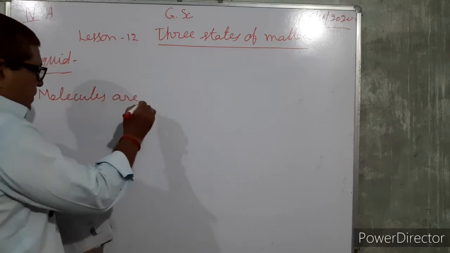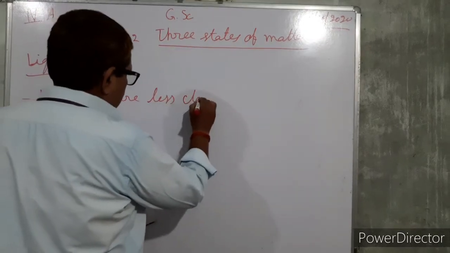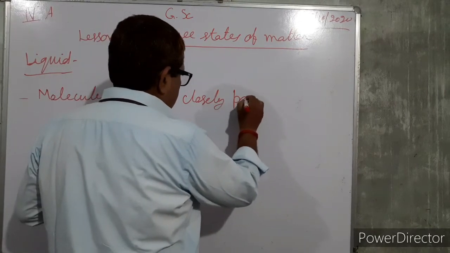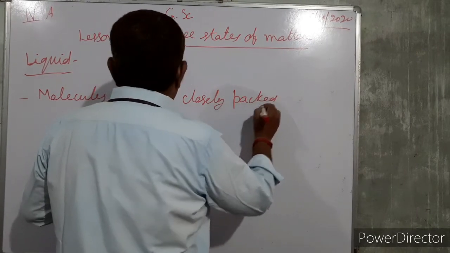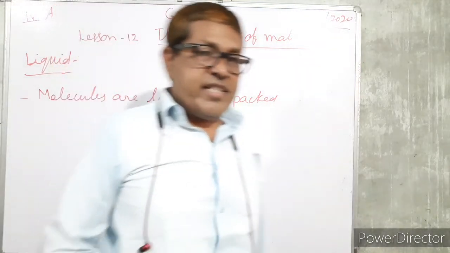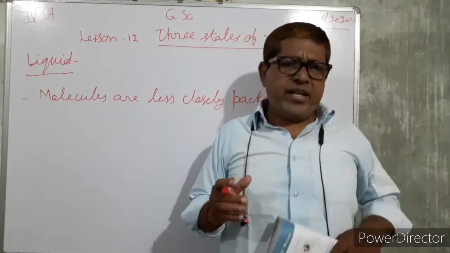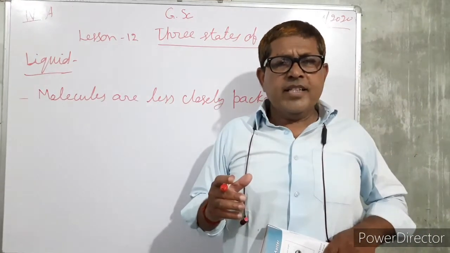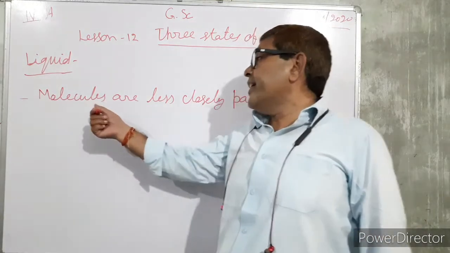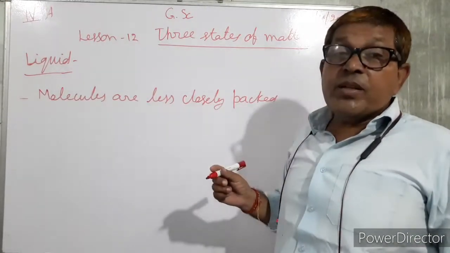But if you see the solids, the molecules are very closely packed. In the solids, the molecules are very closely packed, but in case of liquids, the molecules are less closely packed.